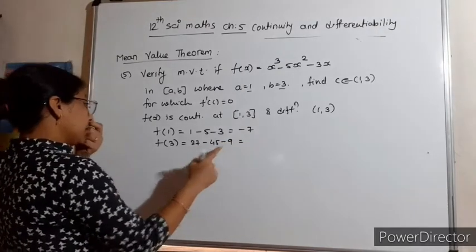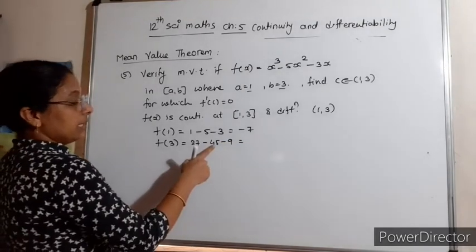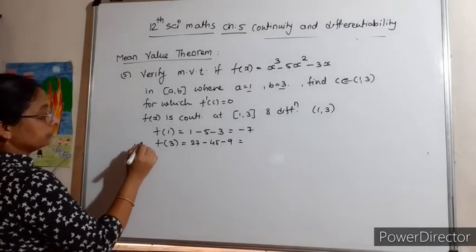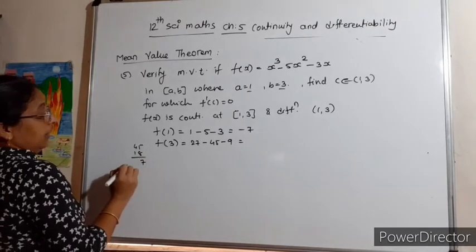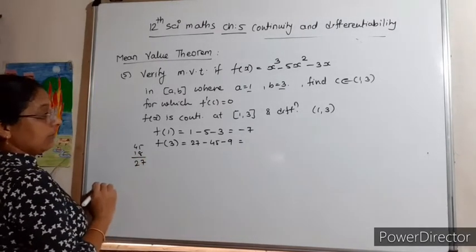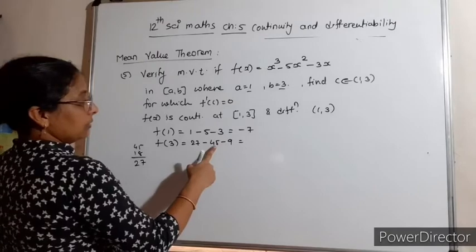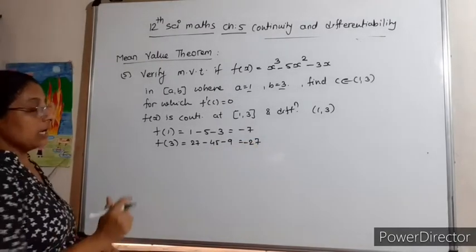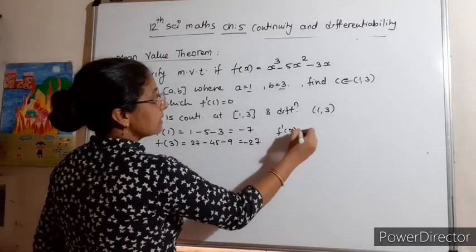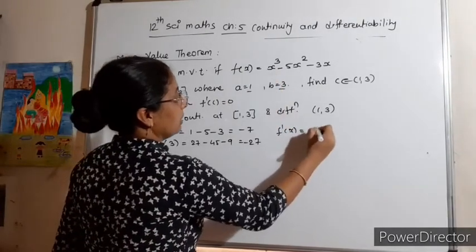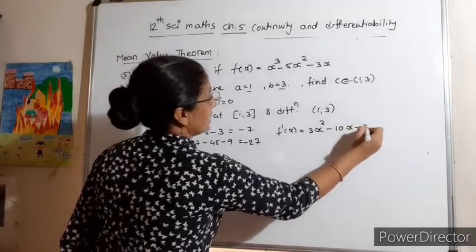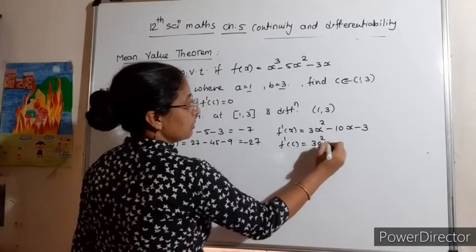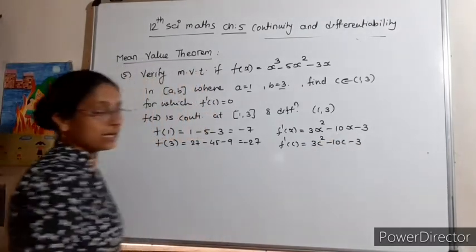So here 27 minus 9 is 18, and 18 minus 45 is minus 27. Now f dash x is equal to 3x square minus 10x minus 3, so we can say that f dash c is equal to 3c square minus 10c minus 3.